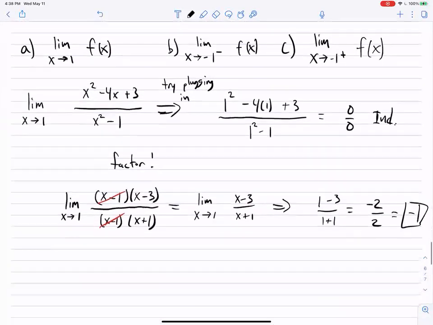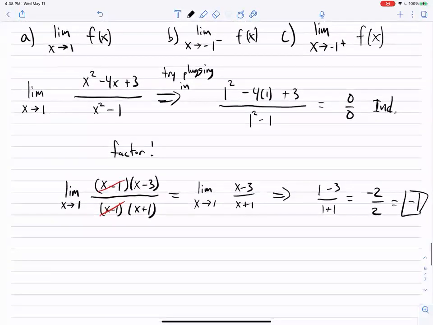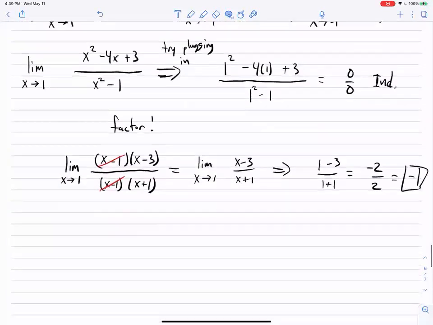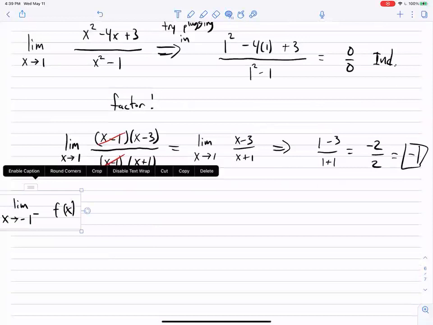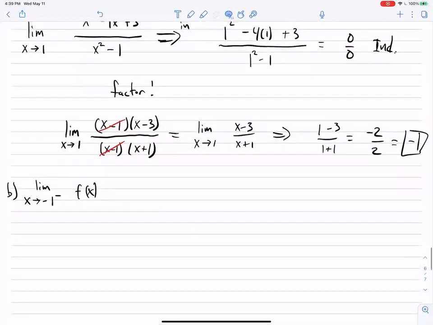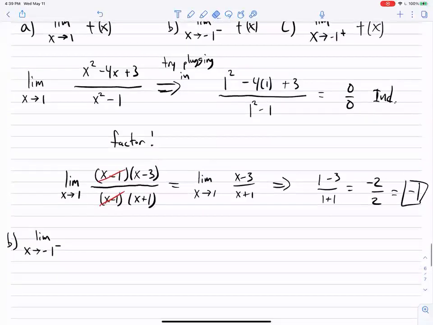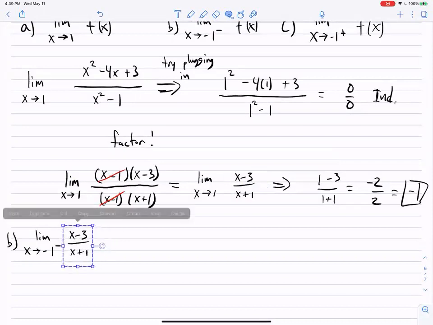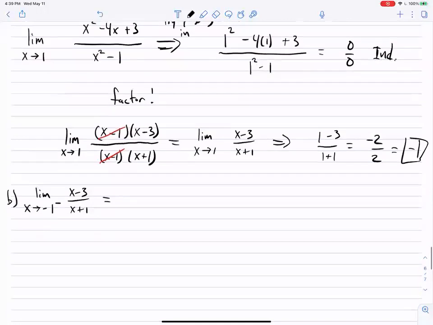Now let's do the two one-sided limits. Because we've already factored it, we can use that factored form for the one-sided limits. Let me just take this guy, because that's really what we are taking the limit of. So what's the limit of that guy as we approach -1 from the left? Well, it'll be -1 minus 3 over -1 from the left plus 1.